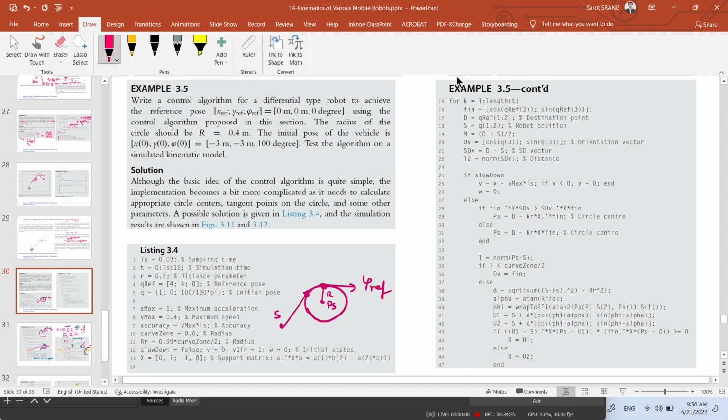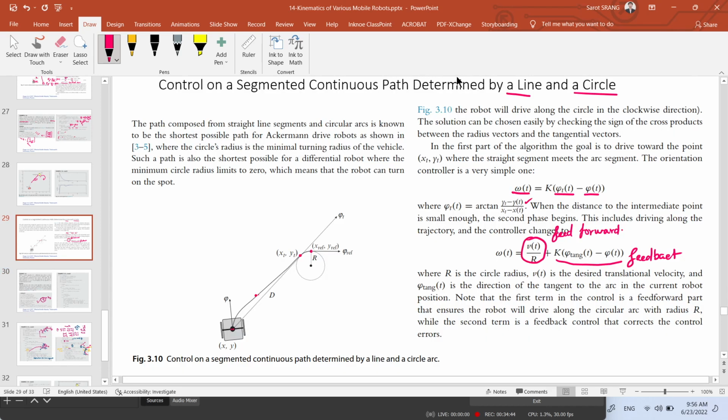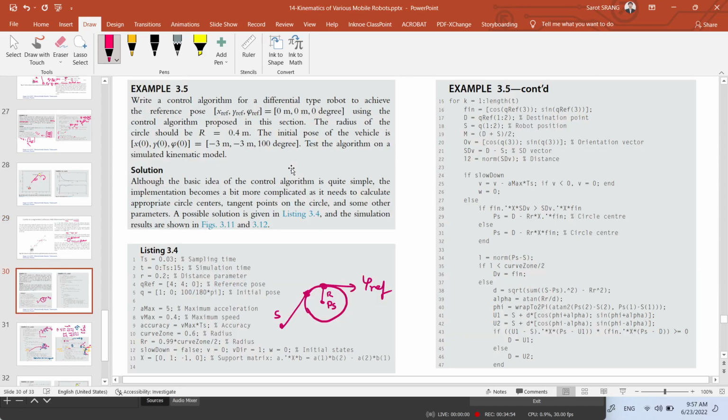But if you want to understand in detail, you need to look at the algorithm from the references. I think from 3 to 5, maybe you can find it. So here I try to explain some concepts as much as possible.